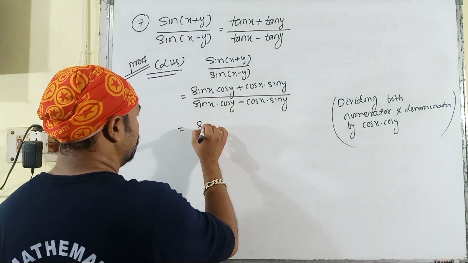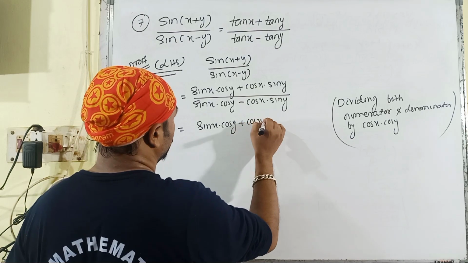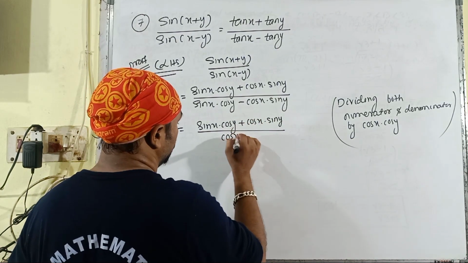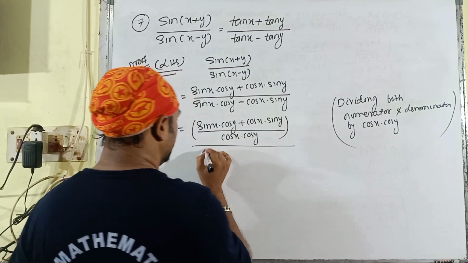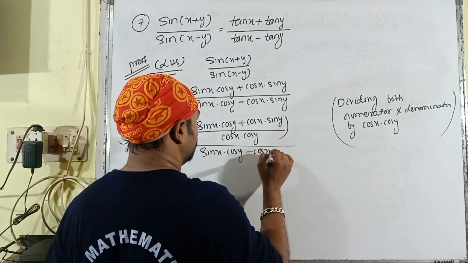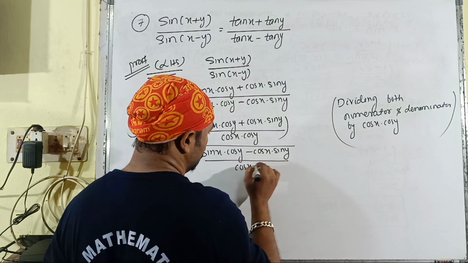We are getting (sin x cos y plus cos x sin y) divided by cos x cos y, whole divided by (sin x cos y minus cos x sin y) divided by cos x cos y.